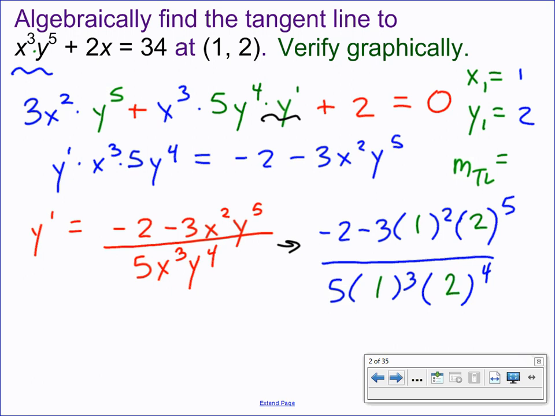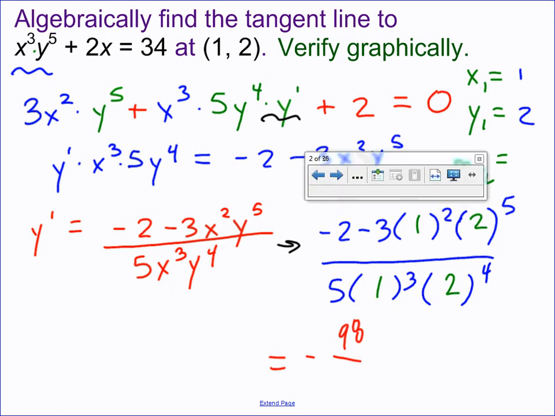Negative 32, 96, negative 2, negative 98, so I'm getting negative 98 over 5, 10, 80. And I'm not throwing down my grapher onto the floor in frustration and stamping on top of it. I'm staying strong. I'm going long, and I'm getting negative 49/40ths.